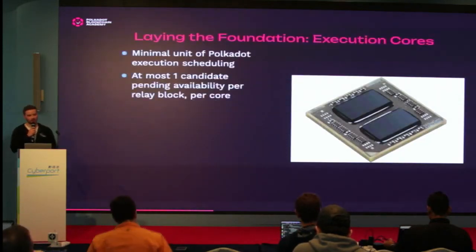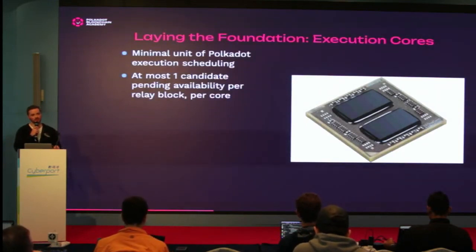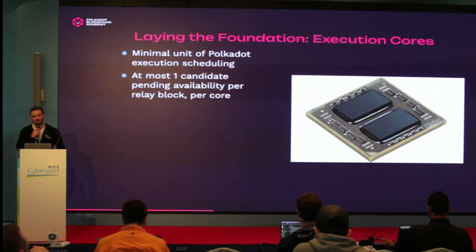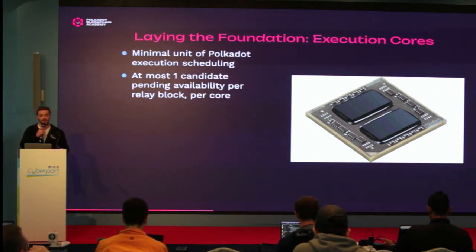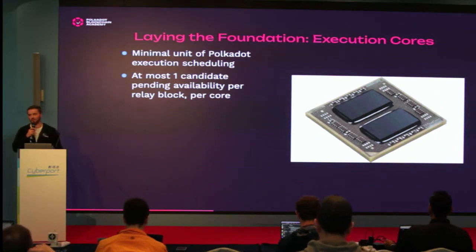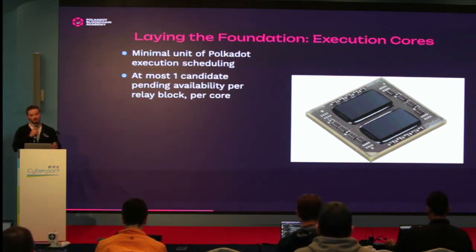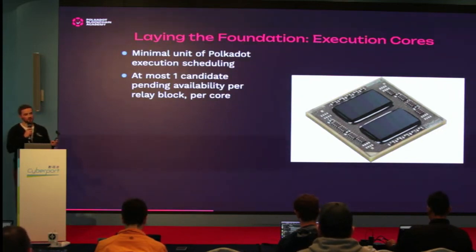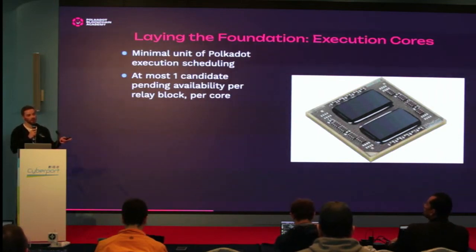All right, so in order to lay the foundation for understanding some of what I'm going to be talking about moving forward, we need to talk about execution cores a little bit. Mache mentioned them briefly earlier. They are the minimal unit of Polkadot execution scheduling. In our current paradigm of parachains, you would typically have one parachain paired up with a single execution core.